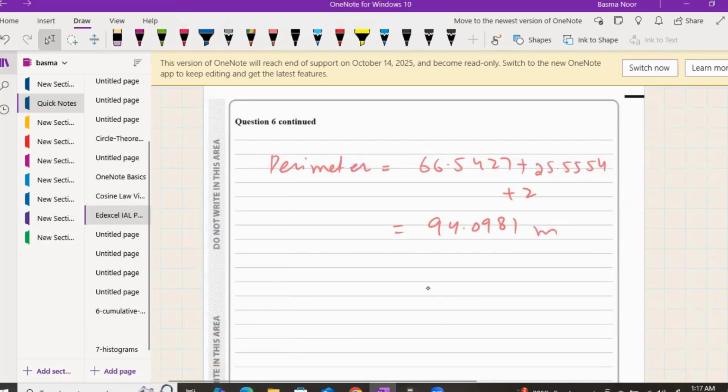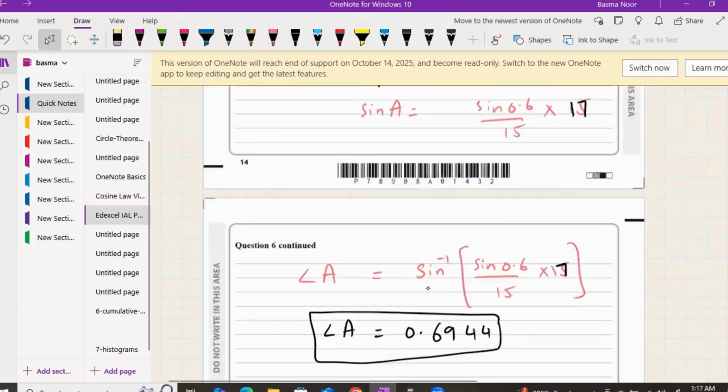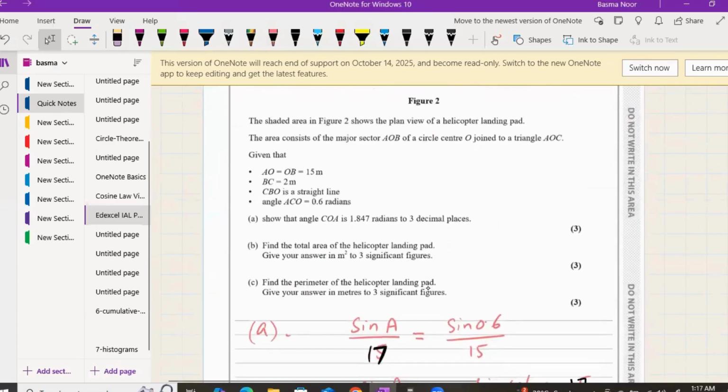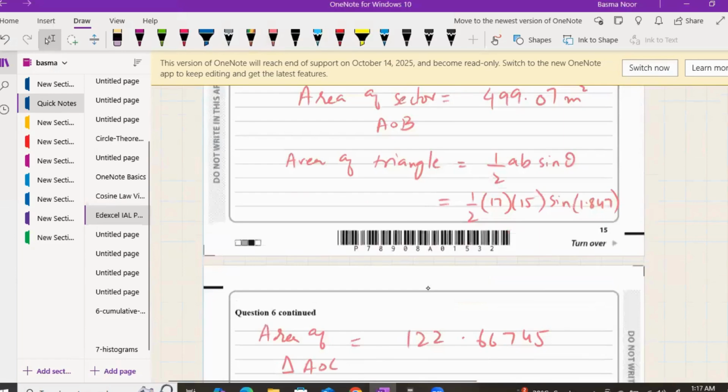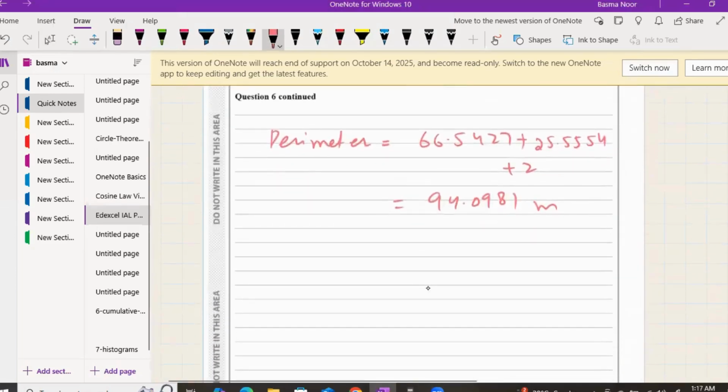So the perimeter is this, but we have to round it. Look at the question. We have to round to 3 significant figures, which will be, after the 0 you have 9, so that becomes 94.1 meters. So this is the perimeter for the whole figure above.